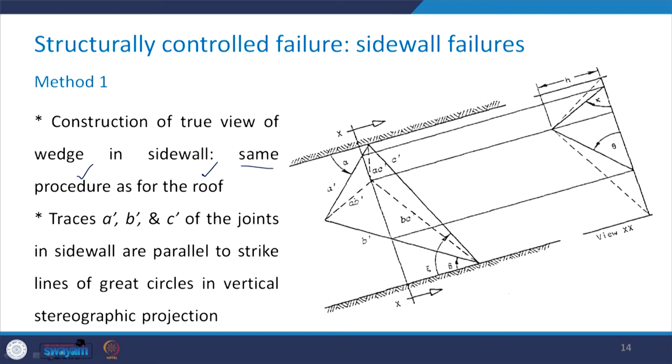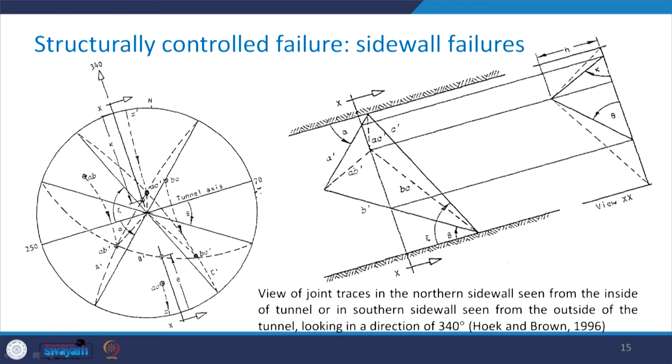So, these traces A prime, B prime and C prime of the joints in the side wall, they are parallel to the strike lines of the great circles in the vertical stereographic projections. So, here you see that we have these stereographic projections.